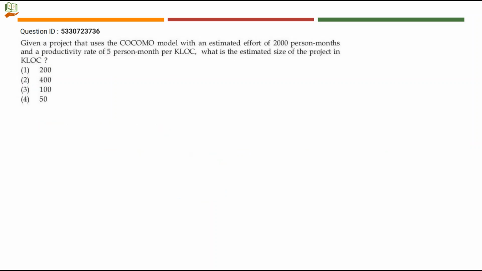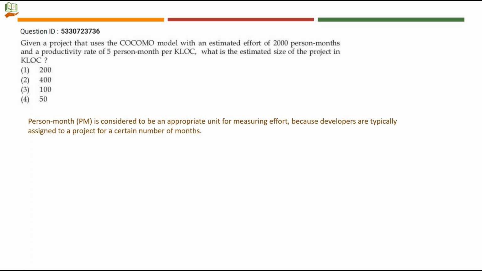Next question. Given a project that uses the COCOMO model with an estimated effort of 2000 person months and a productivity rate of 5 person months per KLOC, what is the estimated size of the project in KLOC? Now let's understand what is this person month. It is considered to be an appropriate unit for measuring effort because developers are typically assigned to a project for a certain number of months.